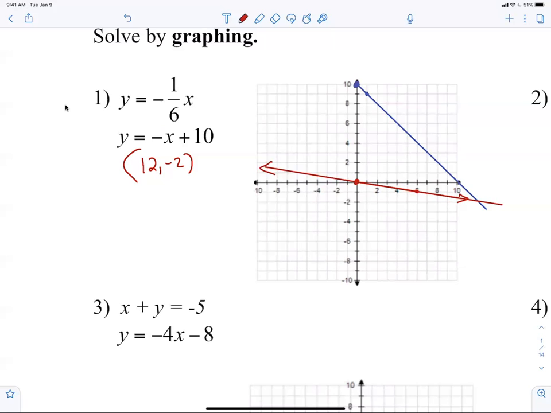That means find the point of intersection. That's what that means. When you solve a system of equations, you're finding the point of intersection.